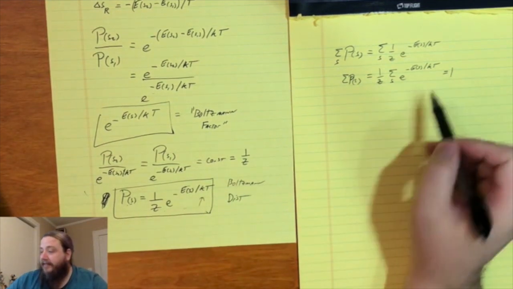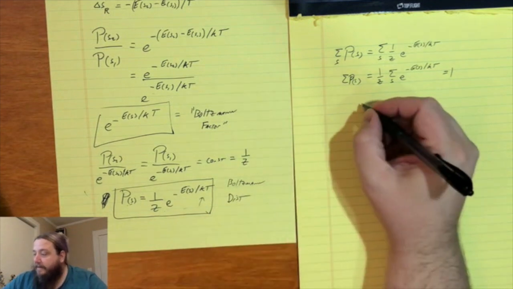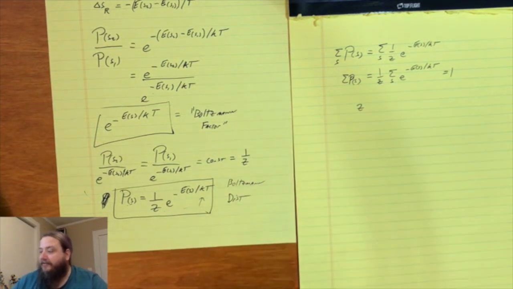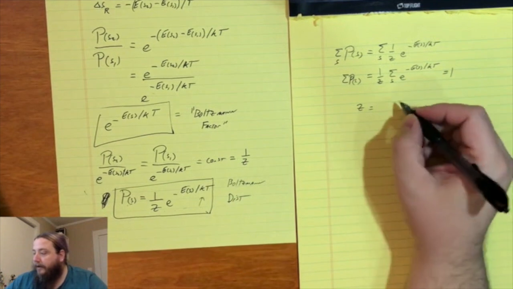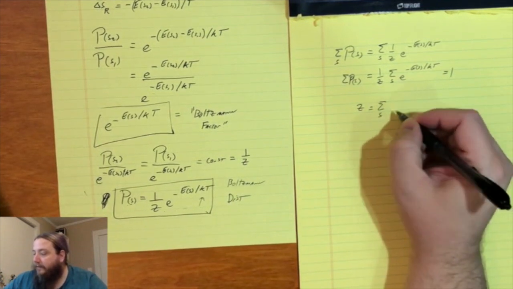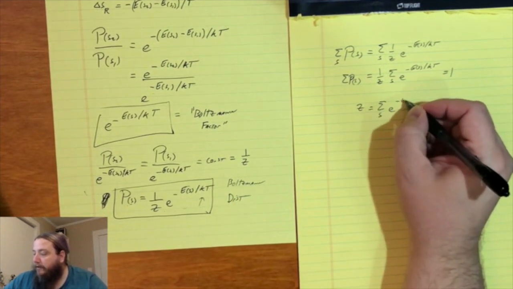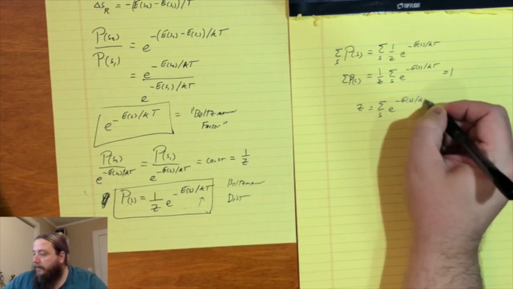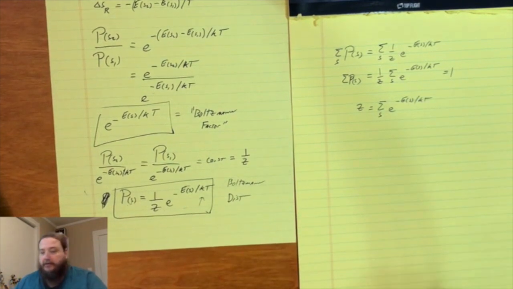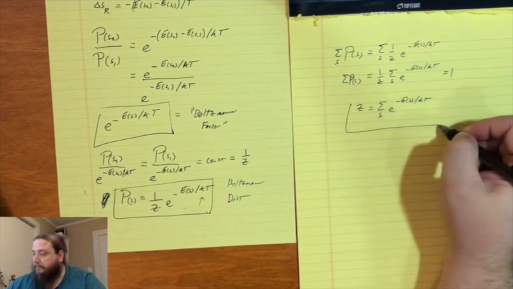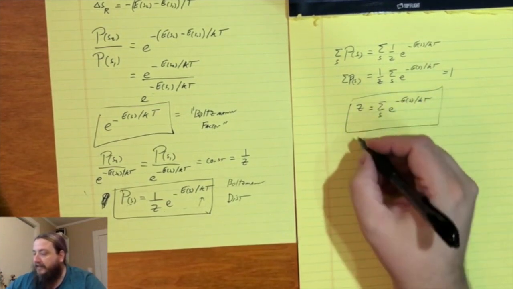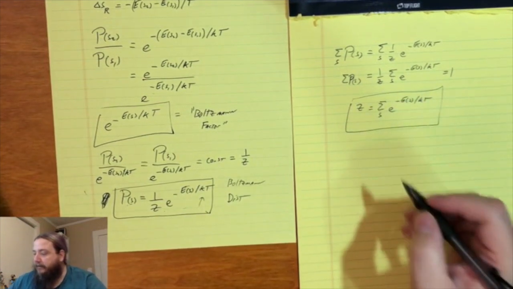And this then allows us to say that the factor Z there is just the sum of all of the Boltzmann factors for our system.